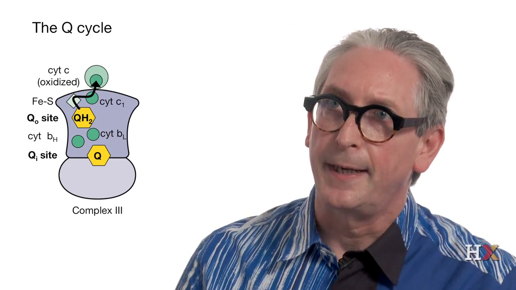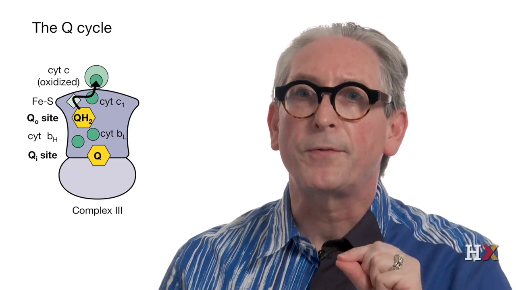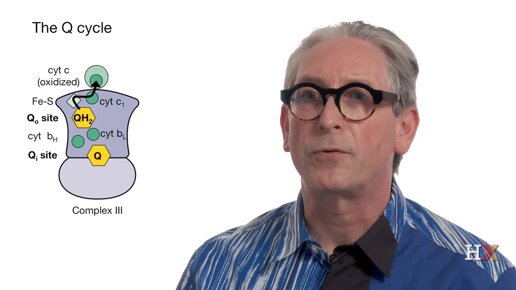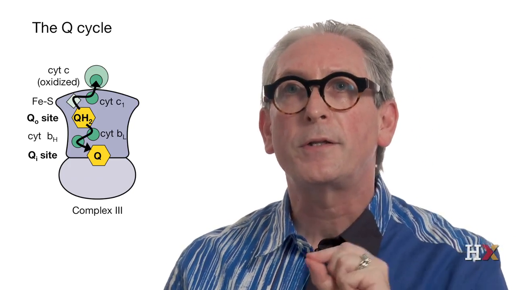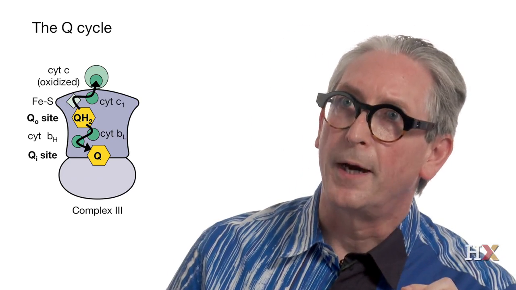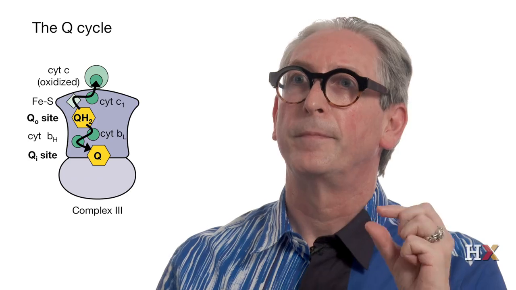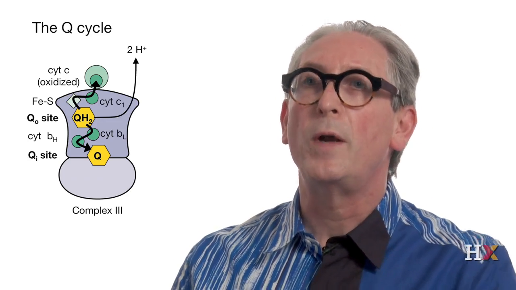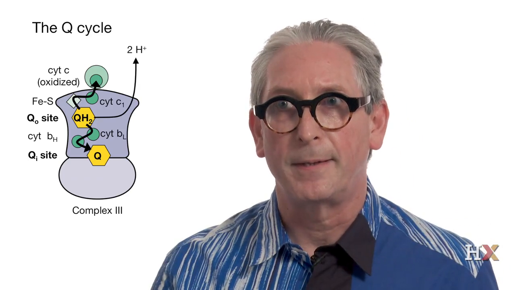The second electron will be transferred to the heme of cytochrome Bl, then to the heme of cytochrome Bh, and finally to the oxidized coenzyme Q bound on Qi to form a semiquinone. The 2 protons from ubiquinol on Qo will be released in the intermembrane space.